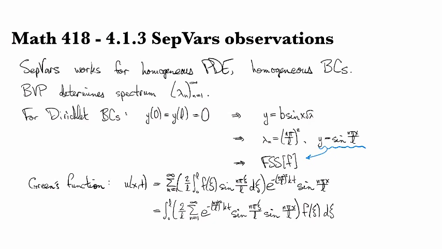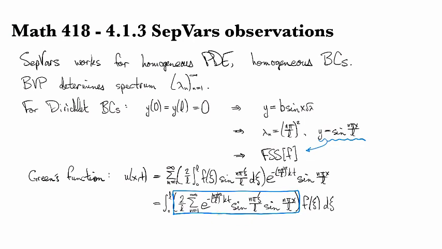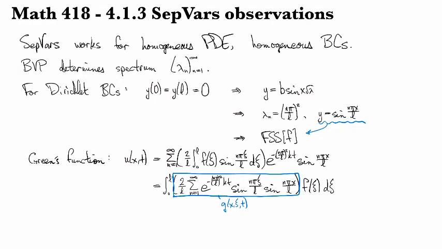And so if we identify this entire block in parentheses right here as G of x, xi, t, then we can rewrite this as the integral 0 to L G(x, xi, t) f(xi) d xi. So that is our Green's function.